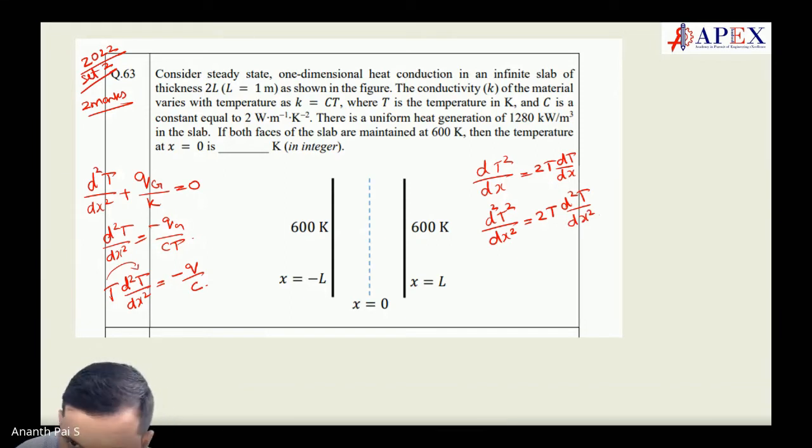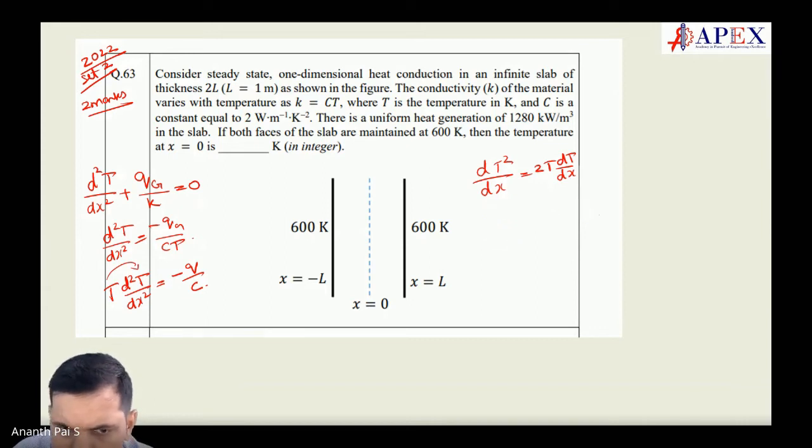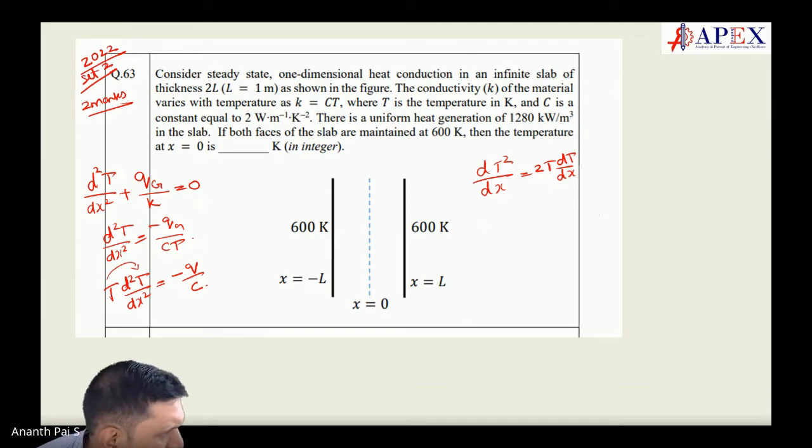No? Or dx by dT? No. One second. Just a minute. There are some corrections which you can do. Oh, let us do one way. We'll write it this way. This is variable separation, so we can do it. It is variable separation, is it not? You're getting the point?